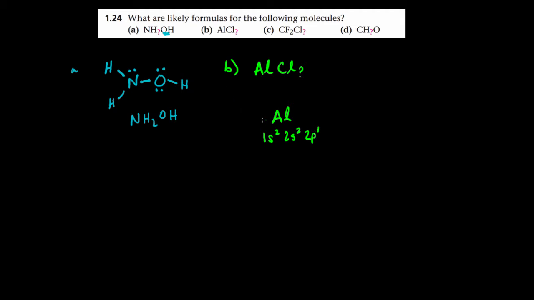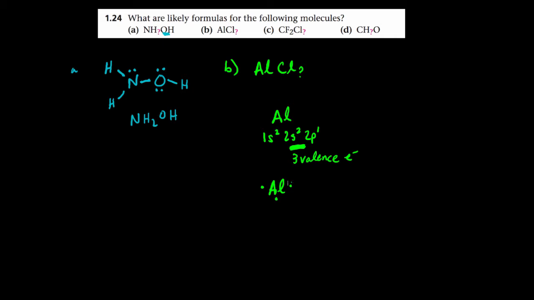So its valence electrons are here in the second row, second energy level of the periodic table. So there are 3 valence electrons. All right, so if we have aluminum with 3, let's just put 3 electrons there.